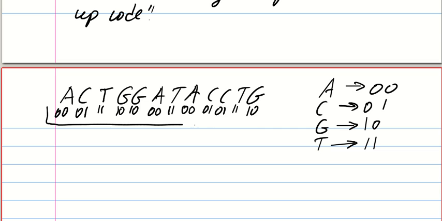This is the code we're going to use. All right, so it's easy to encode with the fixed length code, and it's easy to decode back from the fixed length code.